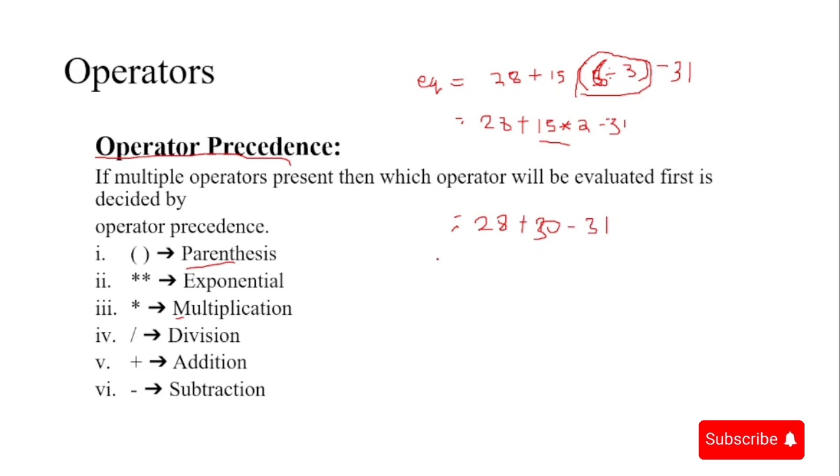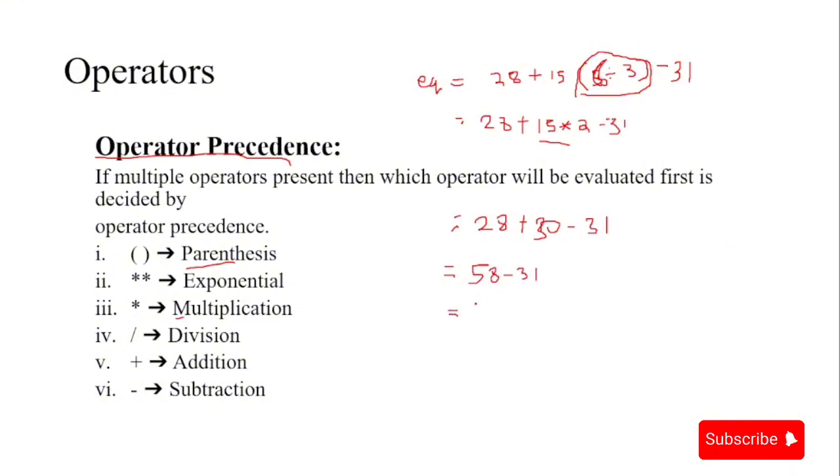So we need to add this. This will be 58 minus 31. And then lastly, of course, we need to get this.